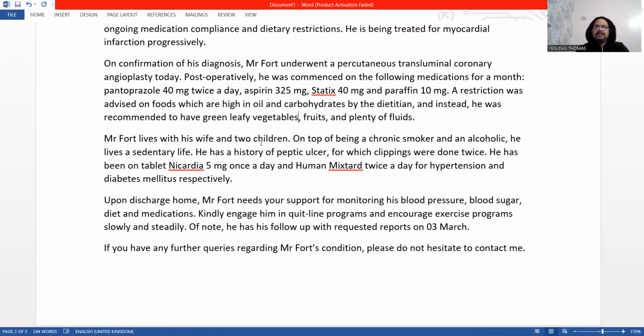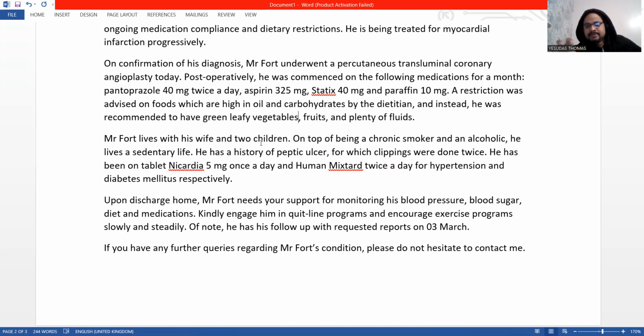So if we write that thing together, that will be additional information. So we just said that slowly and steadily. That's what we have written. So a medical personnel should know what you mean by slowly and steadily.